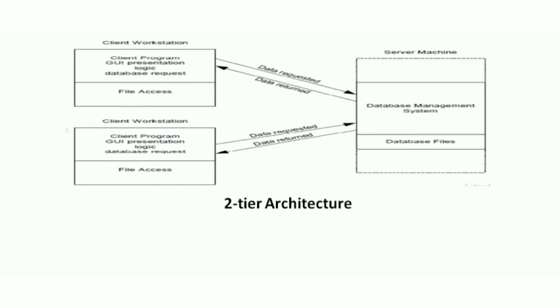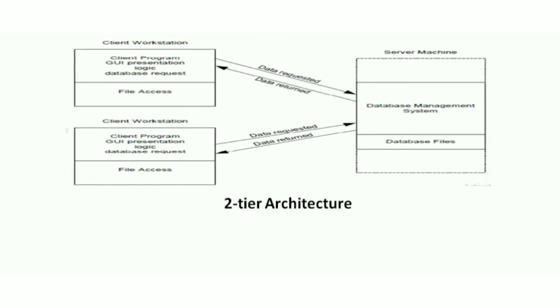To fetch that data, there is a database management system and the files. When the client sends the request, it analyzes the request, and the response data is written to the client part, and it also presents that particular output at the client side.